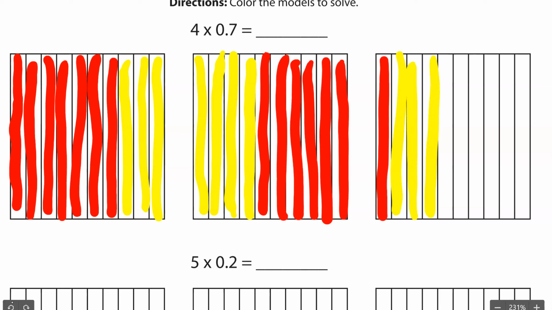And sorry about the ketchup and mustard. Those are just the colors I had preloaded from when we did 2-color counters, so that's what we're using today. But 4 groups of 7/10. And so now that I've done that, I have 1 whole, 2 wholes, and then 8/10. So 2 and 8/10 is my answer.